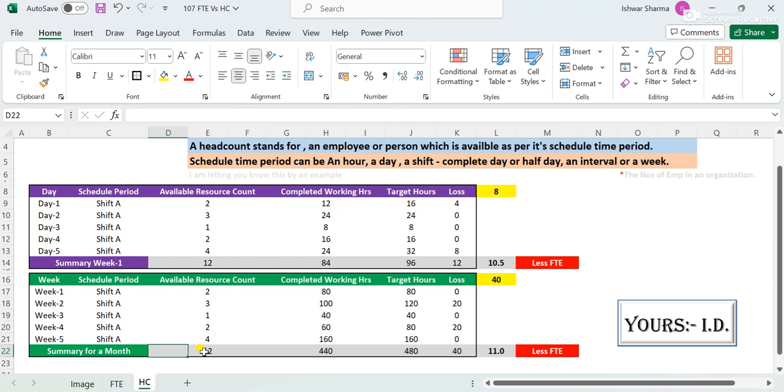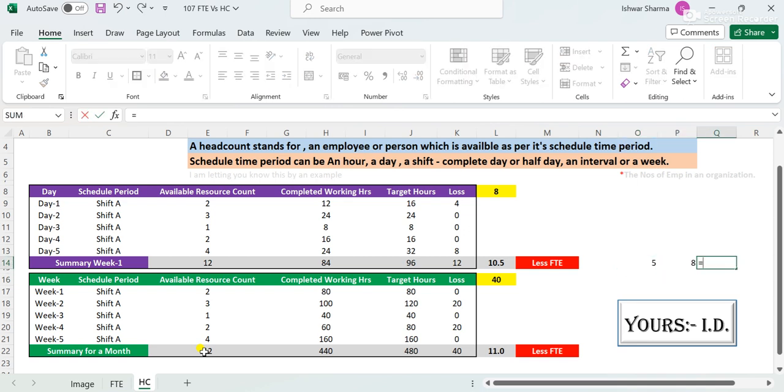Total employees were 12, and for whatever they have completed for a week, for an employee the target is 40 hours. You know how the target of 40 hours for a week comes about? Just telling you: 5 days working and per day is 8 hours.